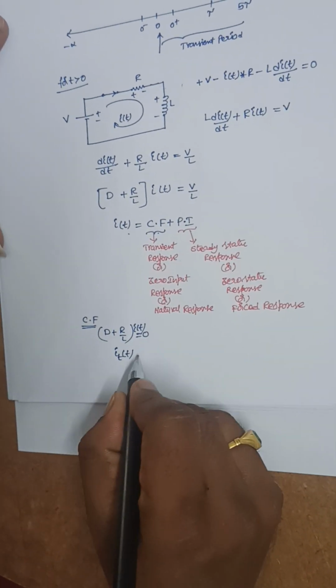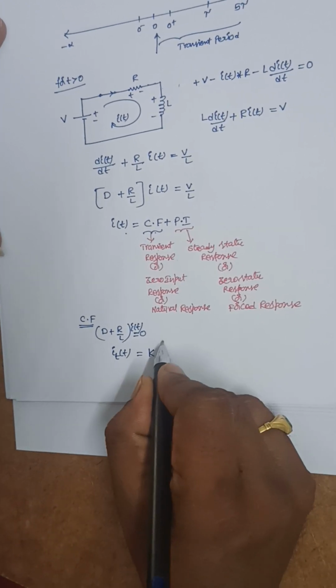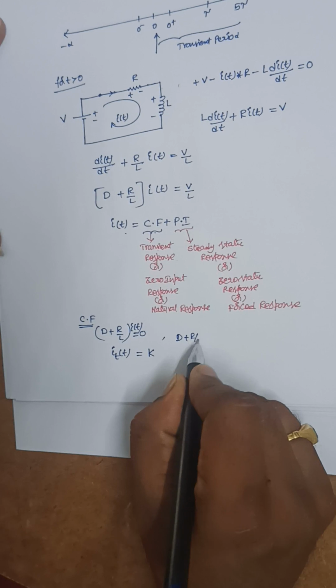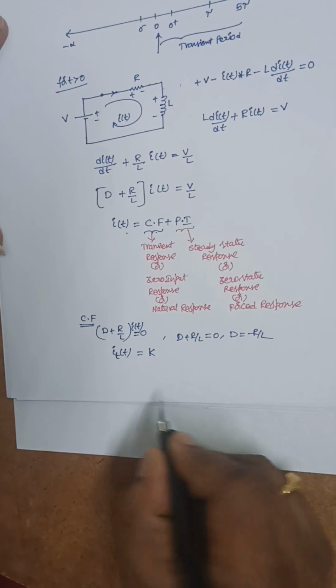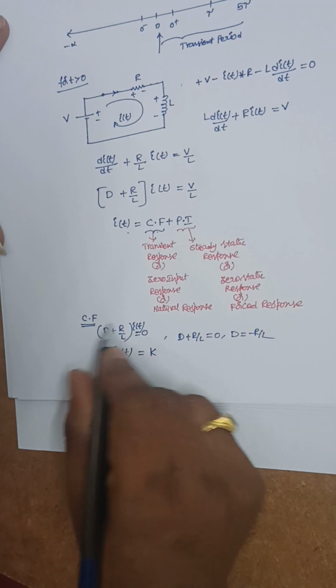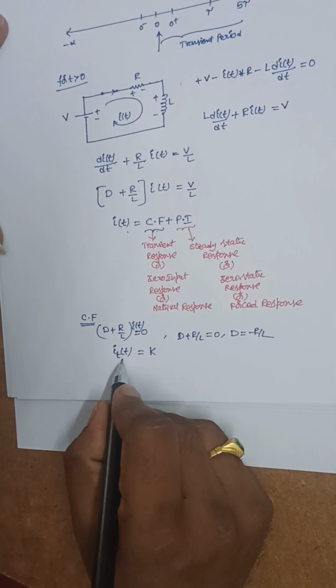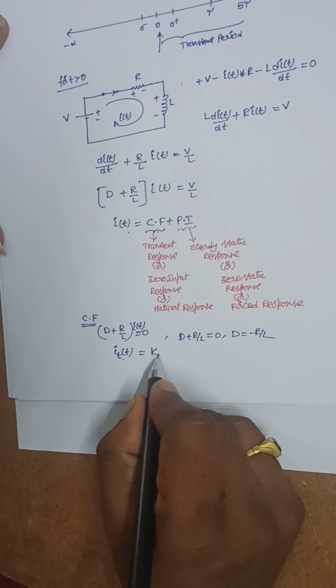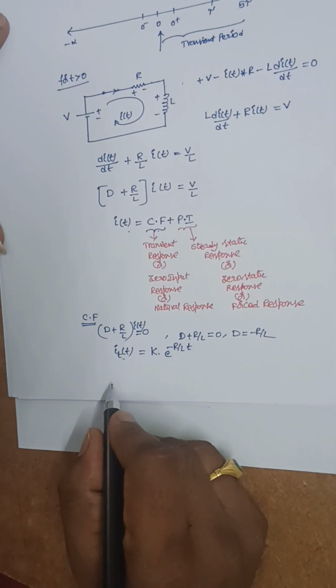For this one, d plus R by L is equal to 0, d is equal to minus R by L. So for this first order homogeneous differential equation, the solution is Ic of t is equal to k into e power minus R by L into t.